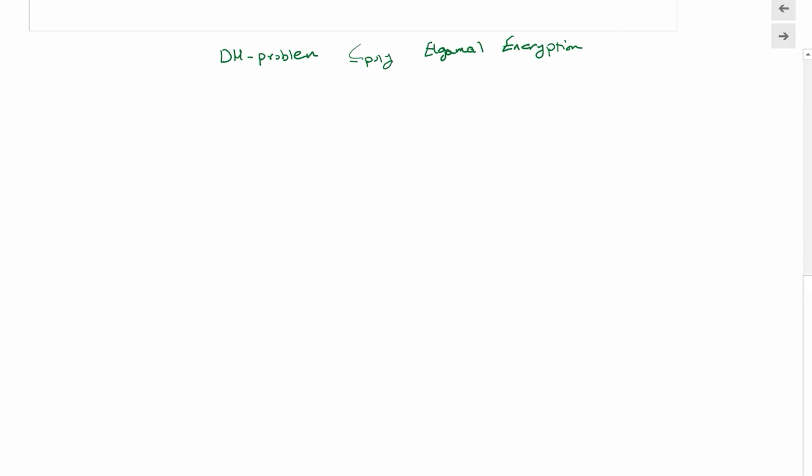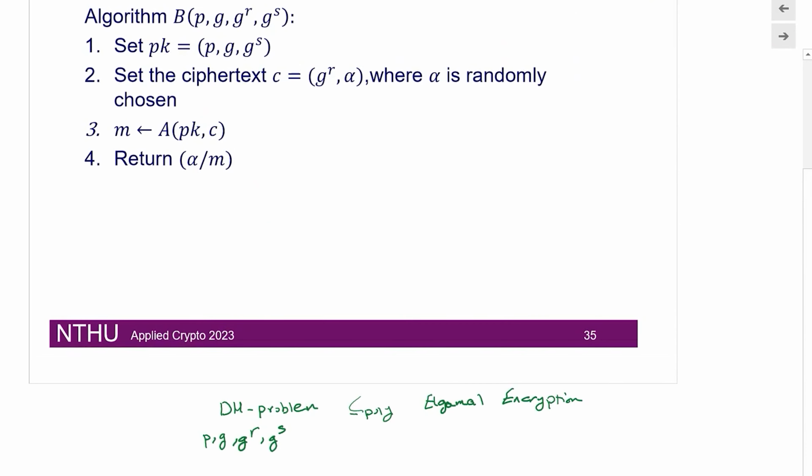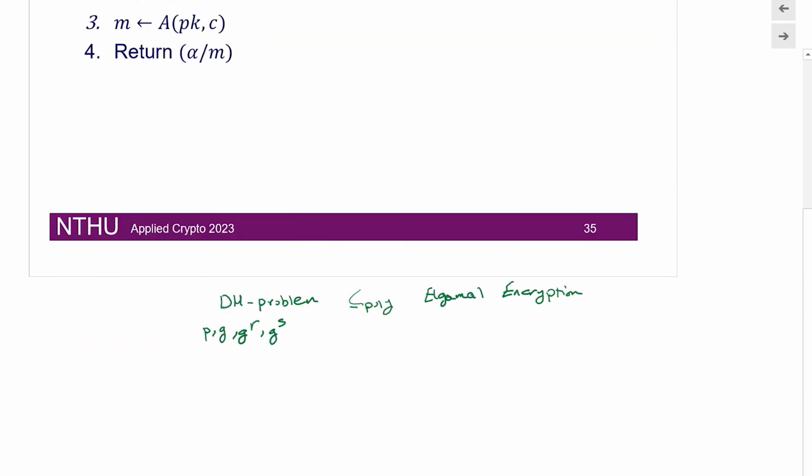From the Diffie-Hellman problem, our input is p, g, g to the r, and g to the s. Instead of x and y, we are just using r and s here, because I think I used r and s over here, so I wanted to make it consistent.